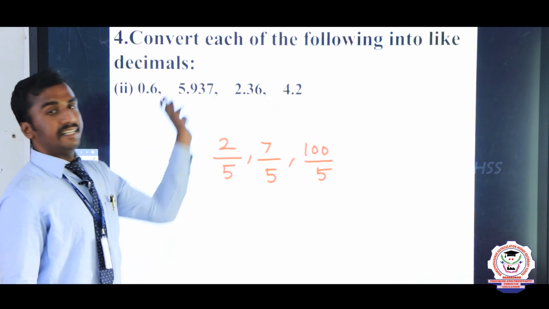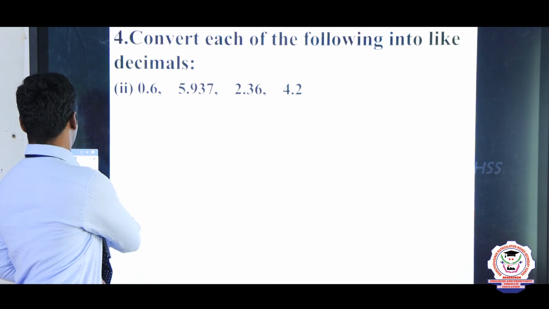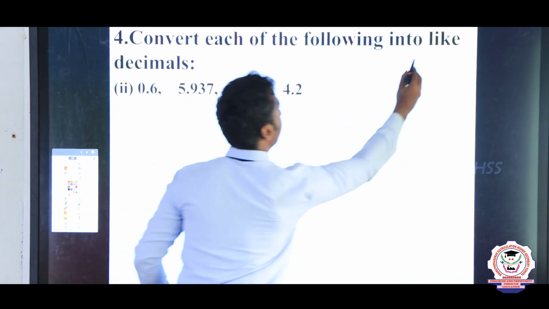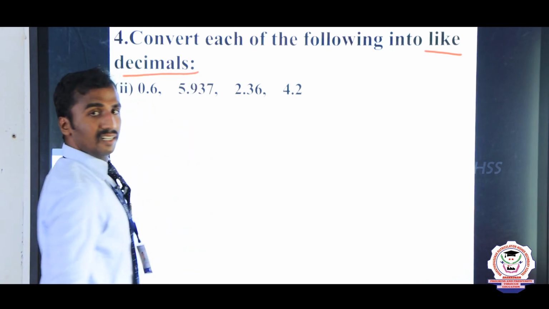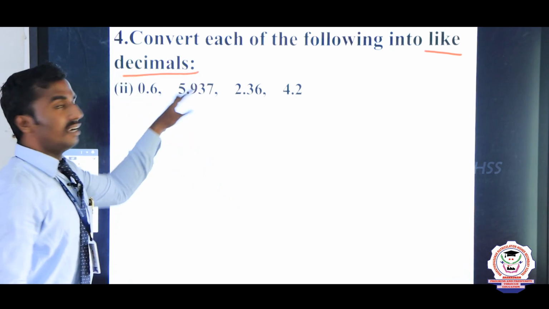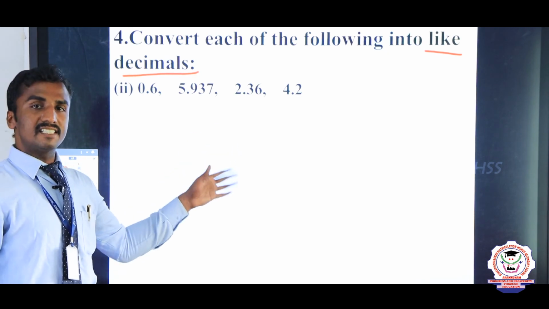Here given like decimal. Like decimal means after decimal point the number of digits is equal.